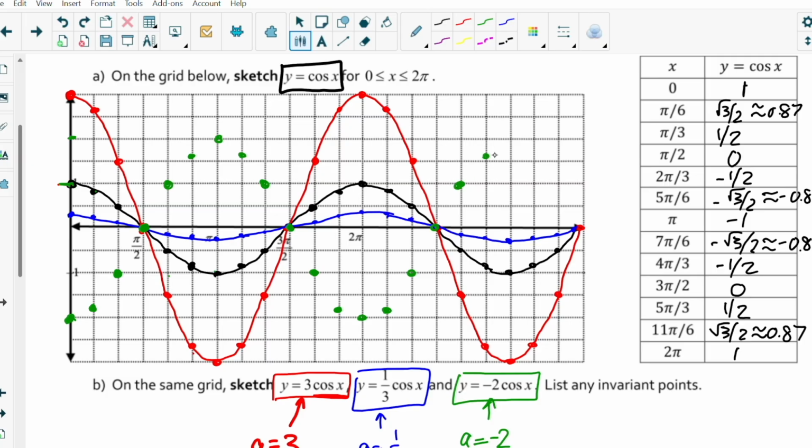Okay, and you can see how the reflection happens, right? So it's been reflected.